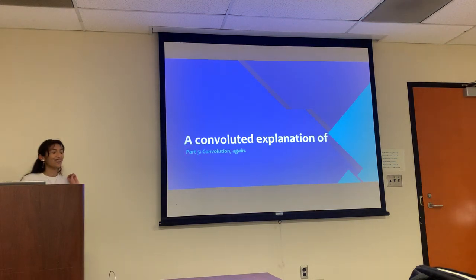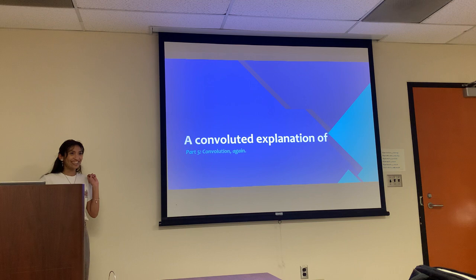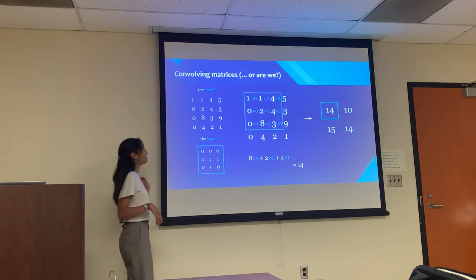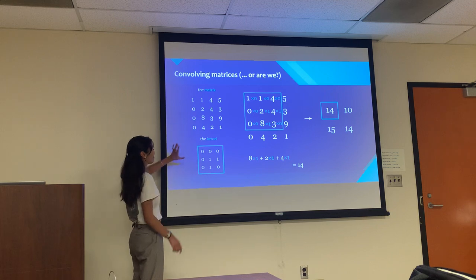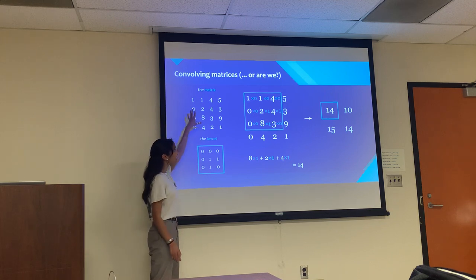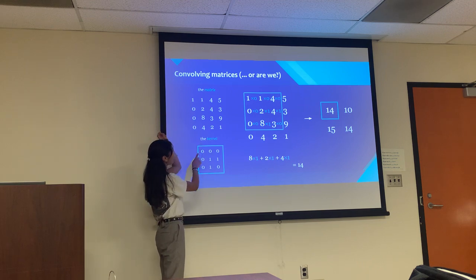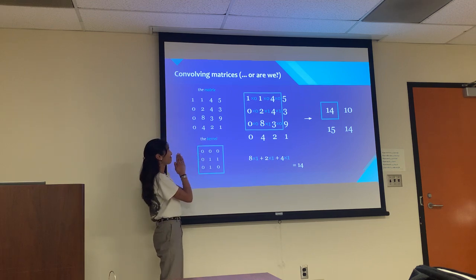So, do you guys know what convolution is? Normally in convolution, you have a kernel like this, and then you place it over a matrix. Then you multiply each element of the kernel by the element it's on top of in the matrix.